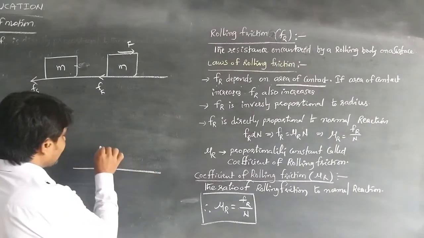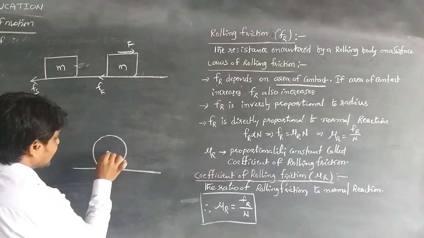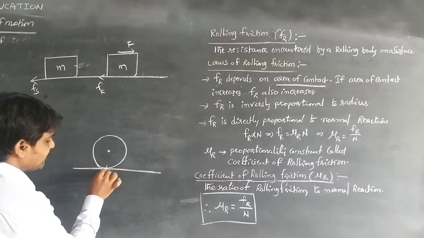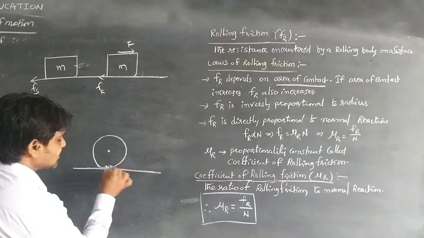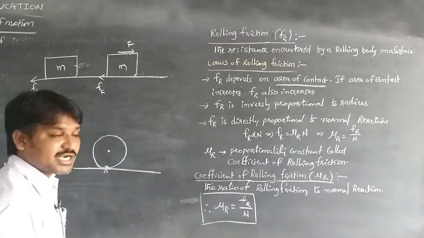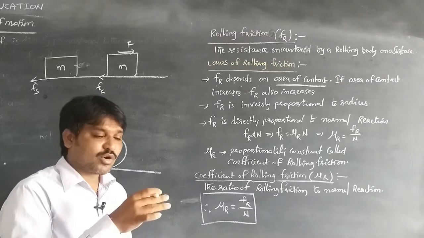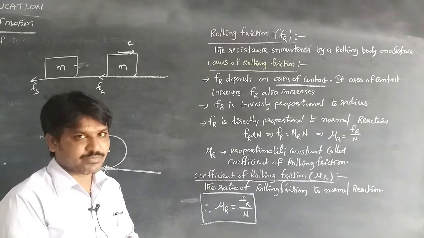Whenever the area of contact is less, the frictional force between the tire and the surface will be less. So whenever the velocity is more, the body can slip.